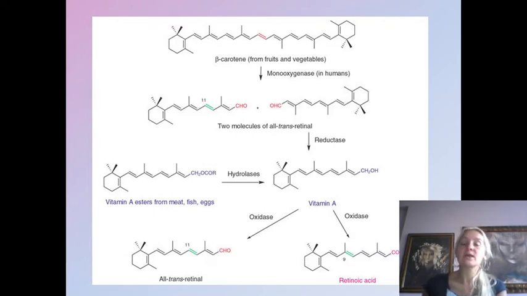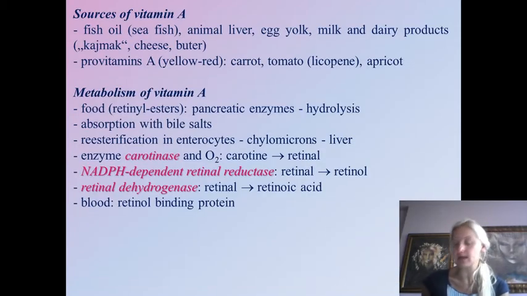Vitamin A, when secreted to the bloodstream, is incorporated in the form of lipoprotein particles, and actually it is attached by specific retinol binding proteins and thus transported through our body. So this is summarized in the text in the slide, which you can see right now.